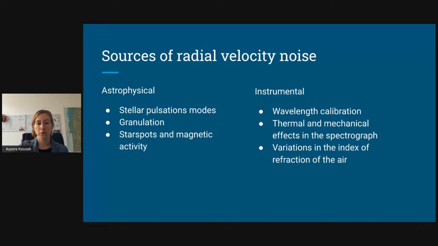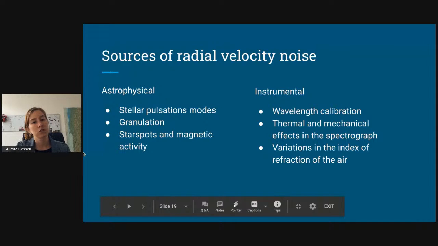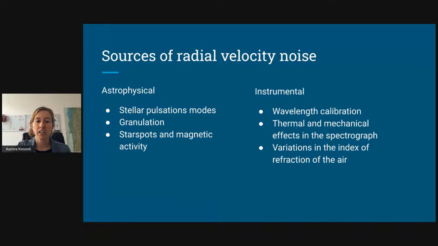We'll go through the main astrophysical sources of noise, and then I'll briefly touch on the instrumental sources of noise. The astrophysical sources of noise that we're going to talk about are stellar pulsations, granulation, and star spots and magnetic activity. And for instrumental noise, there's the wavelength calibration. This is what we talked about 2 days ago.